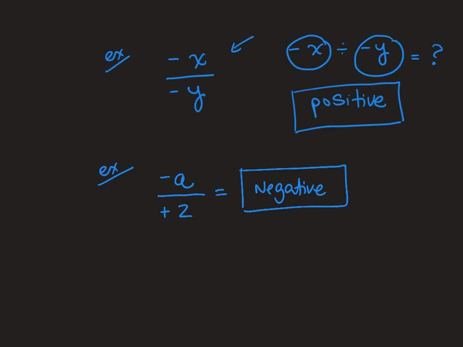Okay, and this is kind of obvious. I'm going to say it anyway. Okay, what happens if you have A divided by B, which, by the way, you can write A divided by B, of course. Okay, hold on. This is going to be positive, by the way.